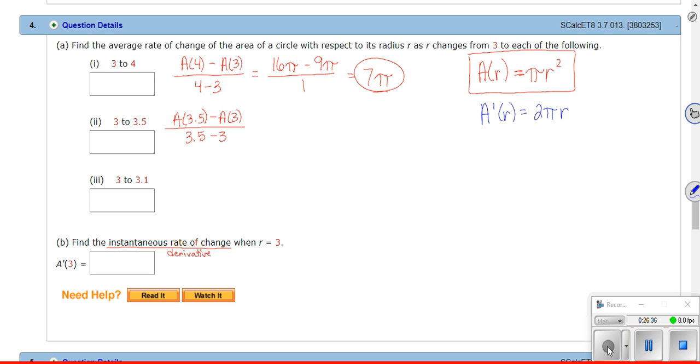It's 2 pi r. That's the derivative. Again, we're finding the derivative with respect to r. So we drop the 2 down in front. Pi is just like a constant hanging out the front. So 2 pi and then r. And then you just plug a 3 in, which should be easy enough.